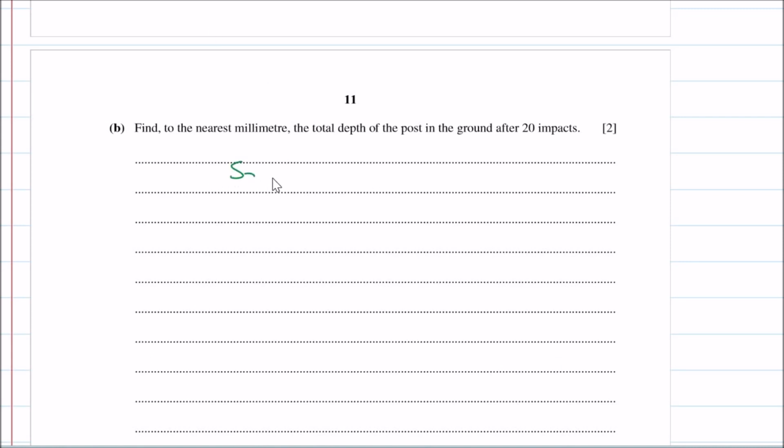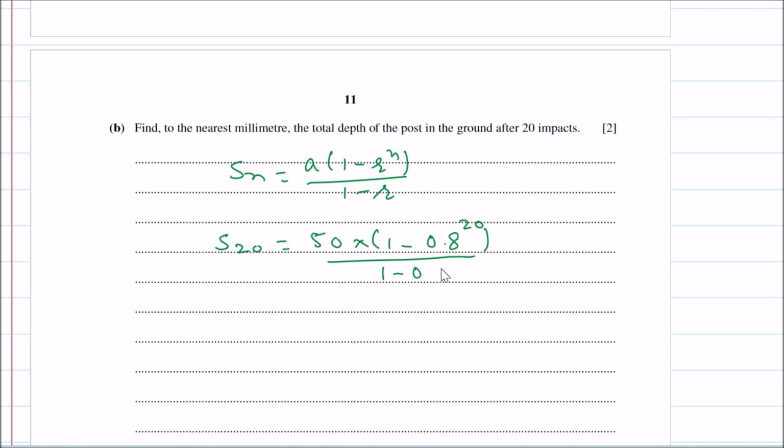We know that Sn equal to A into 1 minus R to the power n divided by 1 minus R. So S20. We have to find sum to 20 terms. A is 50, put 50, 1 minus 0.8 to the power 20 divided by 1 minus 0.8.